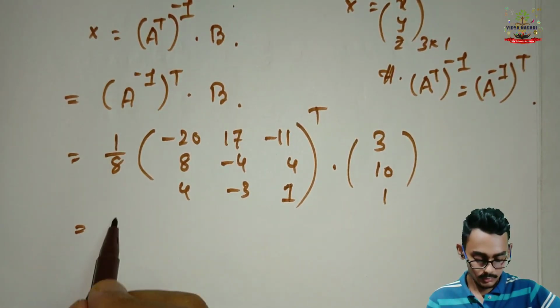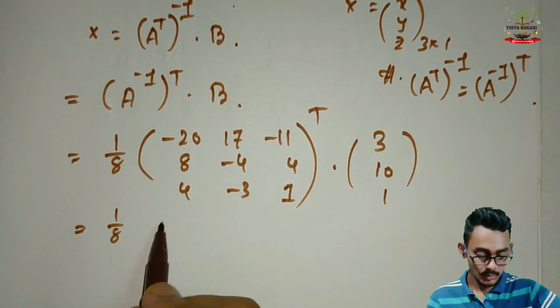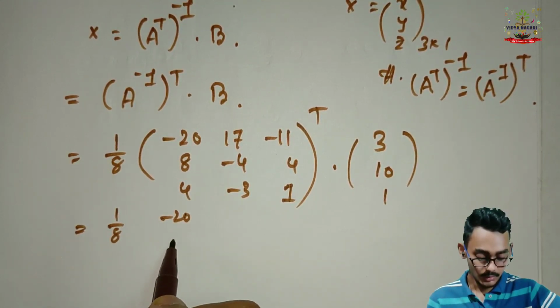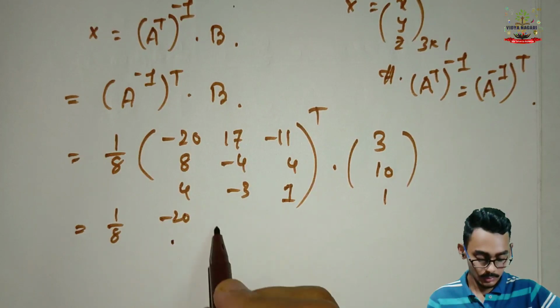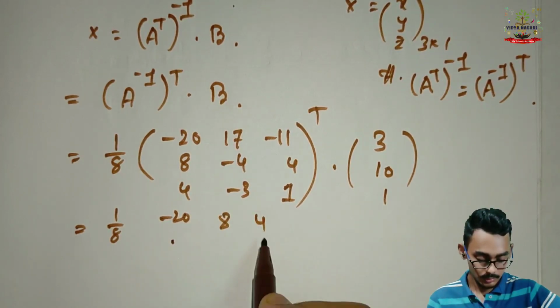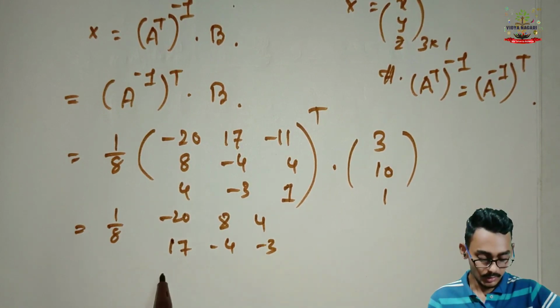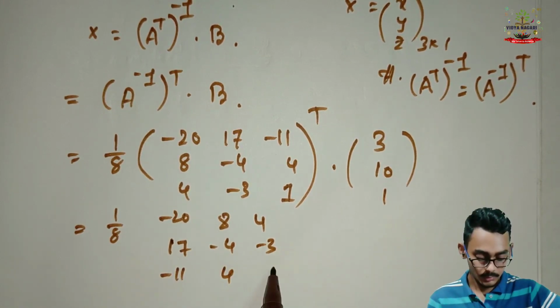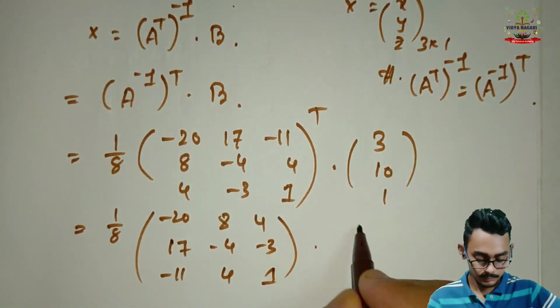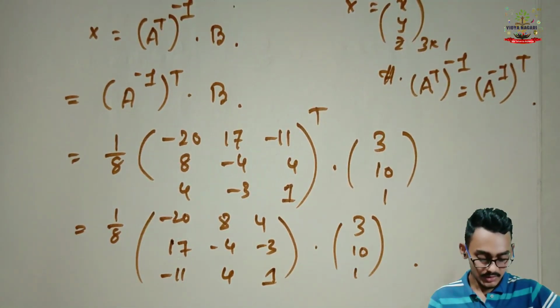So 1 by 8 of minus 20, 8, 4, 17, minus 4, minus 3, minus 11, 4, 1. Removing the transpose sign, 3, 10, 1.